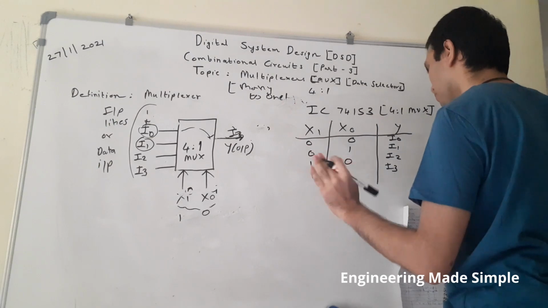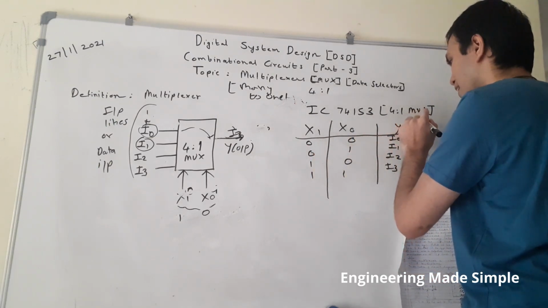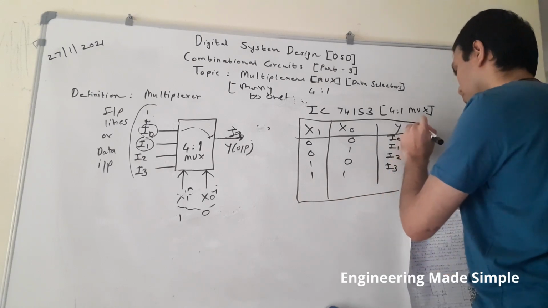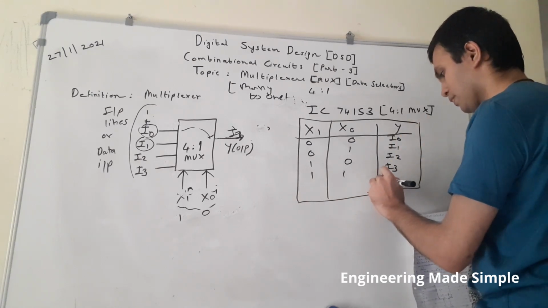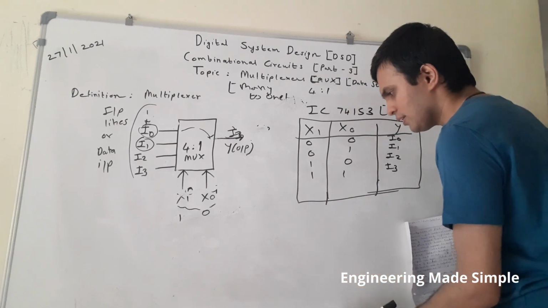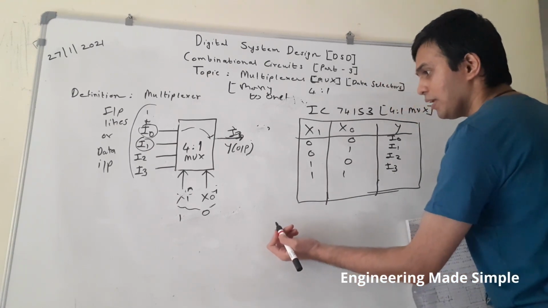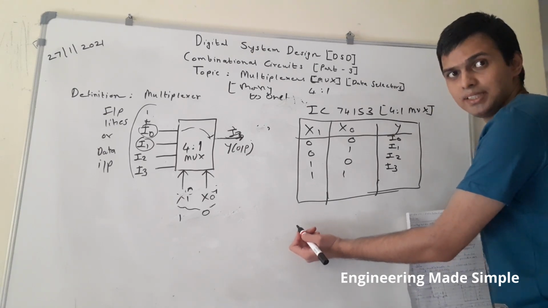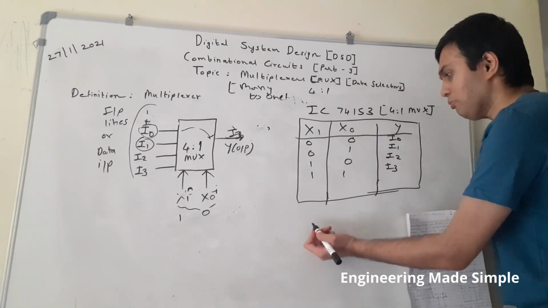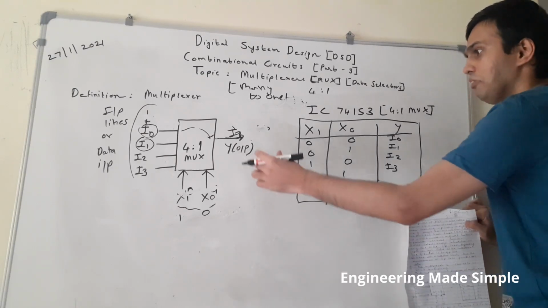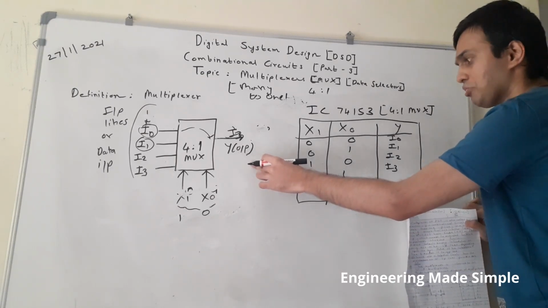And what is the function of the enable input? I will explain it at the last. So this is the truth table of the 4:1 multiplexer. Now, whenever we have any combinational circuit and we want to implement it using basic gates or logic gates, what do we need? We need a Boolean expression for it.